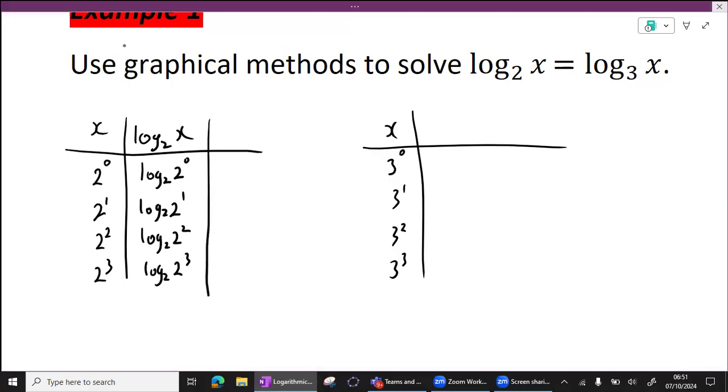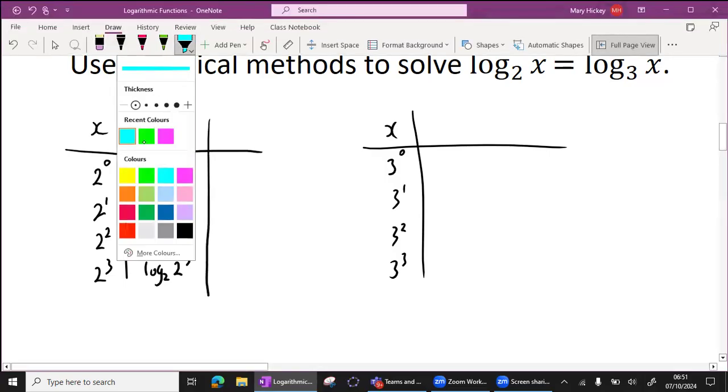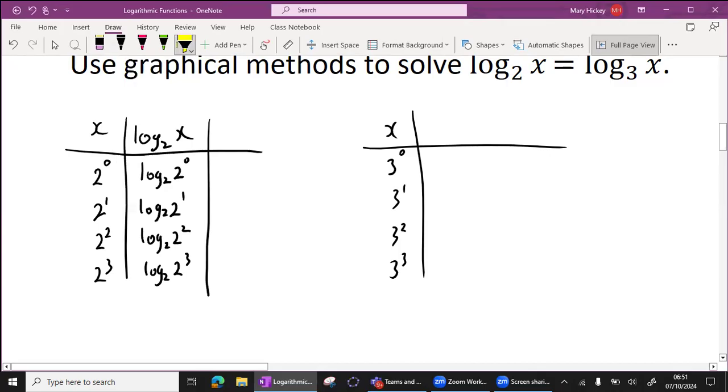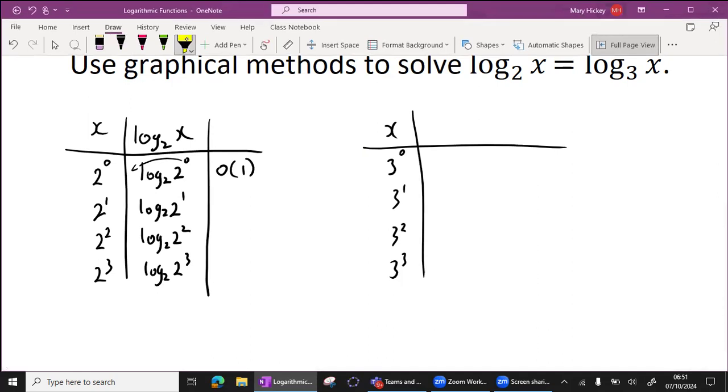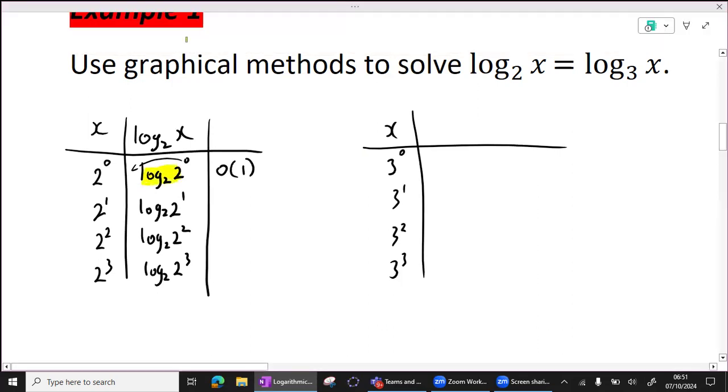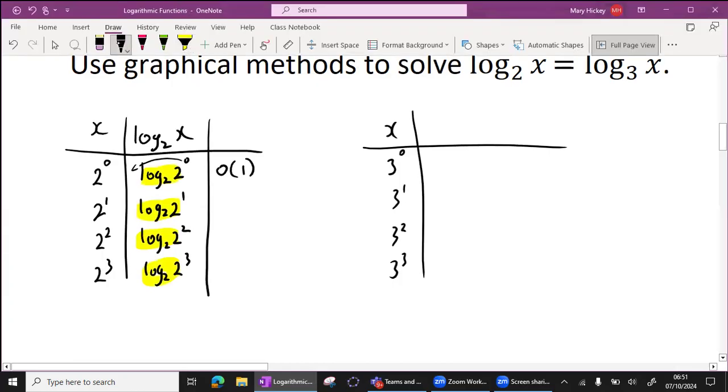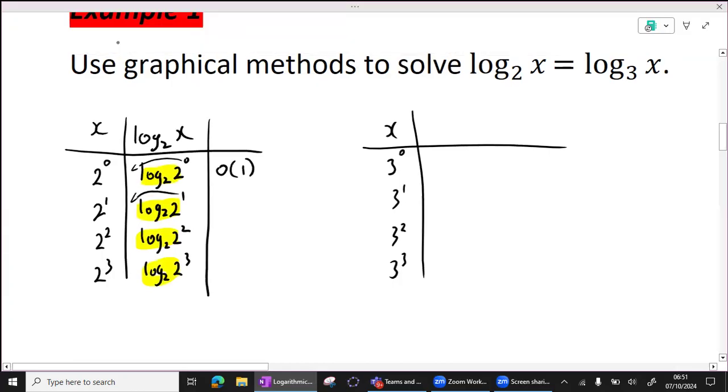Now, the whole point of doing what we just did was that you end up having matching log and base. Remember, the power comes to the front. So really it is 0 times 1. Why 1? Because matching log and base. You have matching log and base everywhere, which is exactly why we do what we do. The 1 comes to the front, so you end up with 1 times 1.